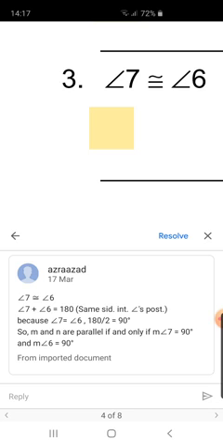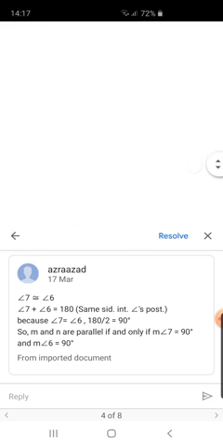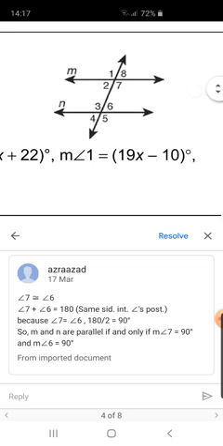Because of the question they have already given us angle 7 is congruent to angle 6, which means angle 7 should be equal to angle 6. Now from the picture we found out that angle 7 and 6 are same-sided interior angles, which should give you 180.